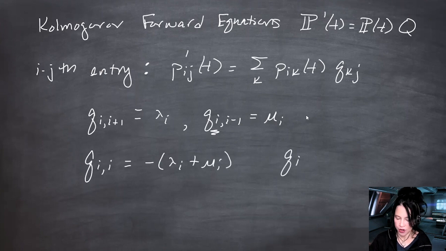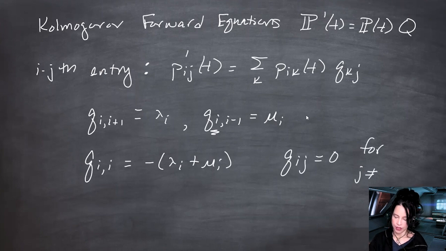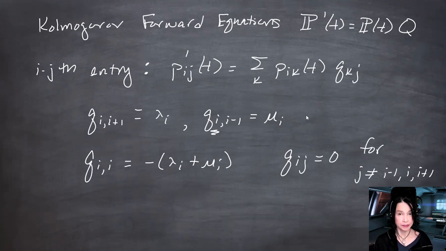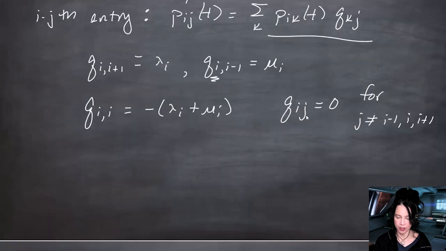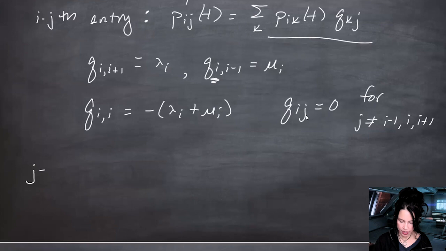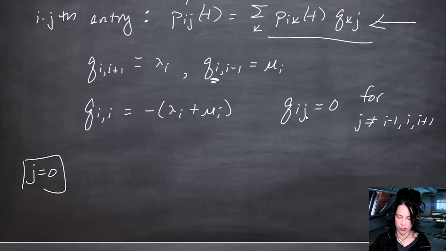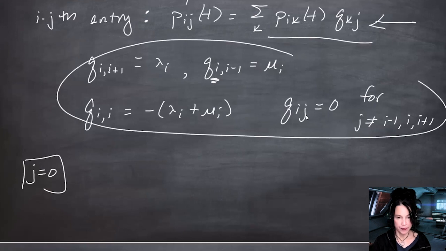And then q_ij is going to be 0 for j not equal to i minus 1, i, or i plus 1, for all the other cases. So that means that only 3 terms are going to survive here. Actually, it'll be a little different in the case when j equals 0. So let's look at j equals 0.